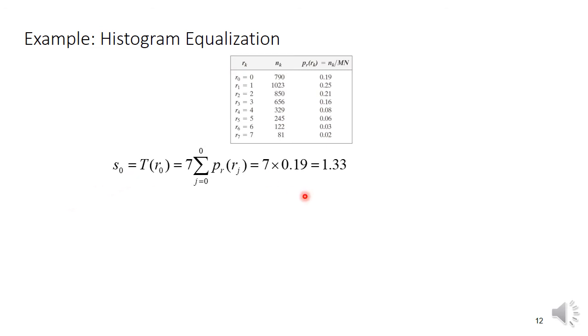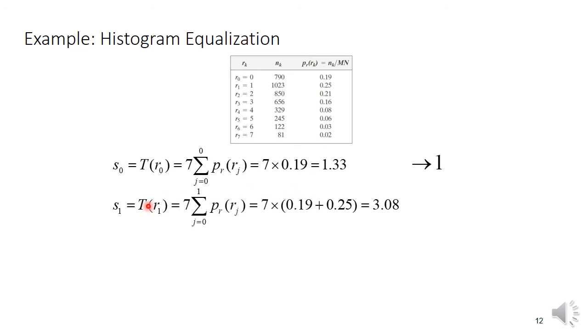But you know that all intensity values are discrete, so we have to convert this fractional 1.33 into a discrete value, so it is near to 1. So we consider 1.33 as 1.